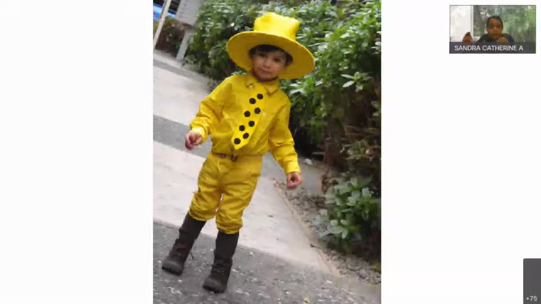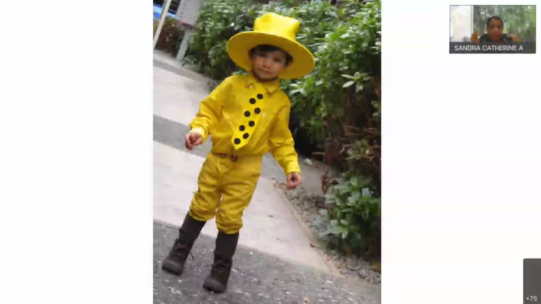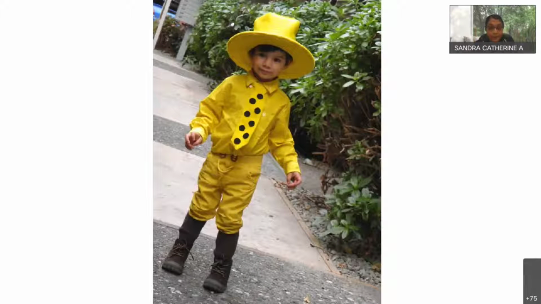So for the table, the first column facts, you just have to write what you see. Like everyone said, maybe a young boy, yellow hat, yellow shirt and pants, dotted ties, brown shoes. This is what we write in facts. Whether the boy is going for a costume party or not, that is what we write under ideas.